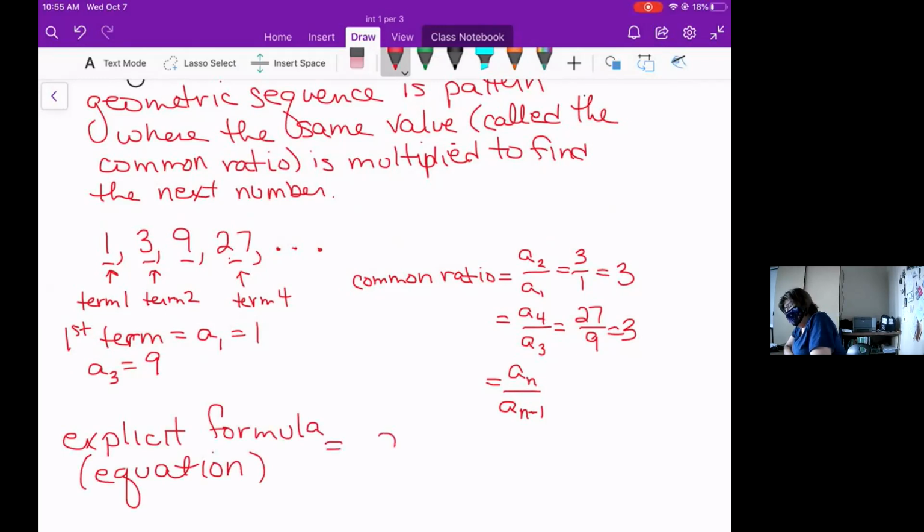And that is a sub, actually, I'm not going to use the equal sign there. I'm going to put a colon. a sub n equals a sub 1 times r to the n minus 1.